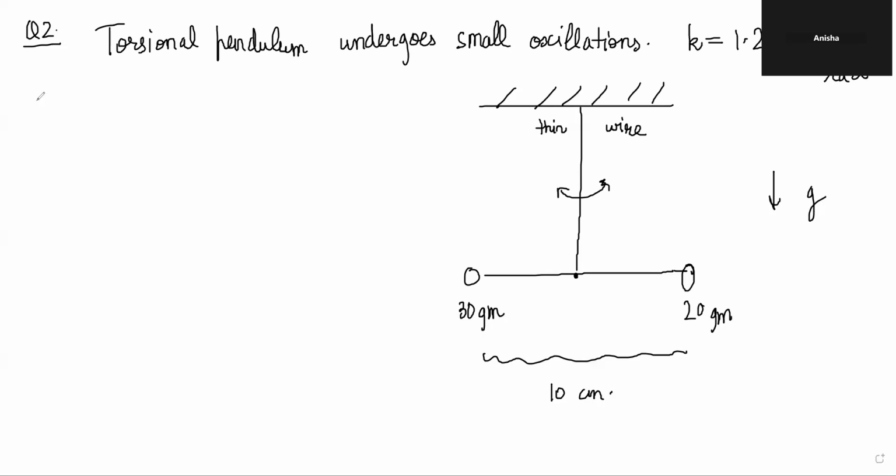The angular frequency of the oscillation, omega, is n into 10 power minus 3 radian per second. You have to find n. It's a torsional pendulum. You just have to find n, or frequency of oscillations.